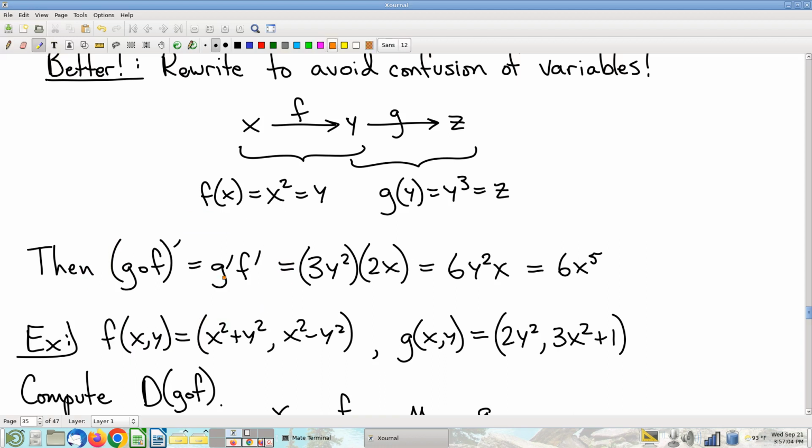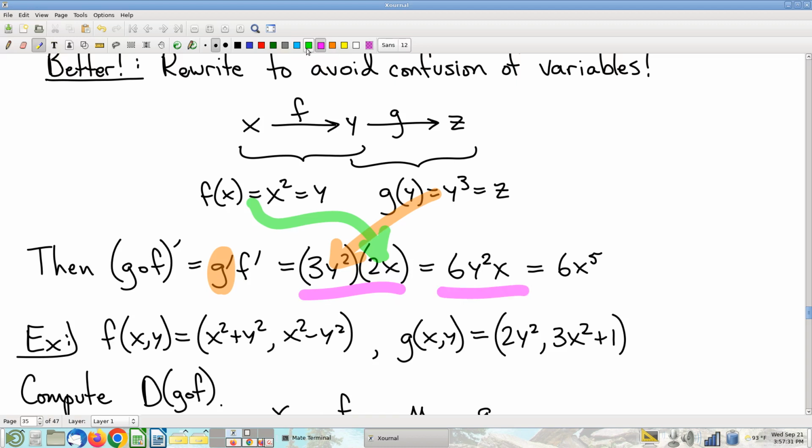Fine. Let's see. g prime, derivative of y cubed is 3y squared. I'm not worried about where I'm evaluating it. Whatever. y, I guess. Take the derivative. The notation will keep track of that for you, right? What's the derivative of f? Derivative of x squared is 2x. Multiply those out. You get that.